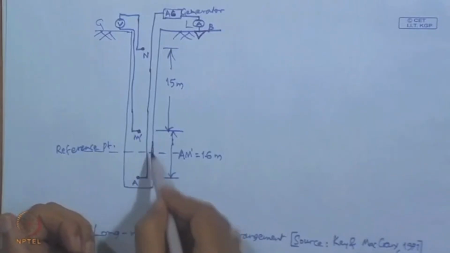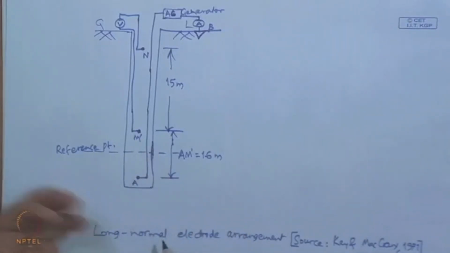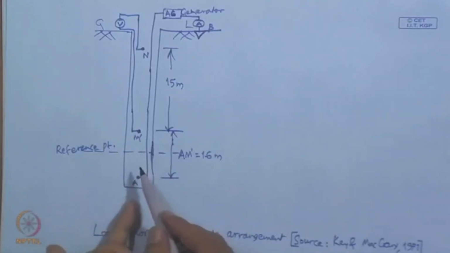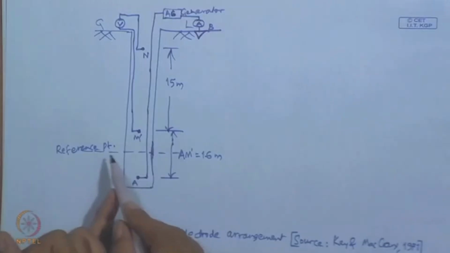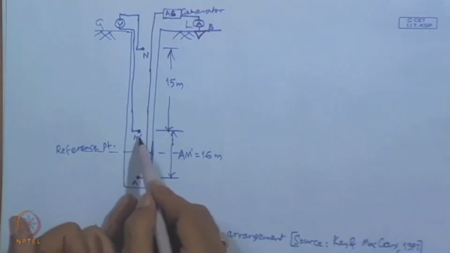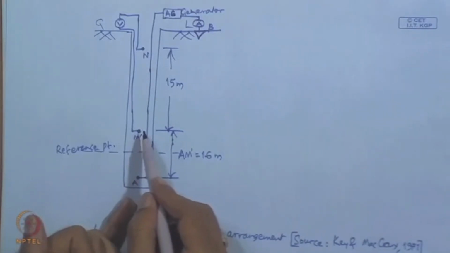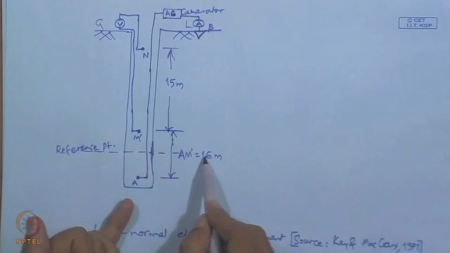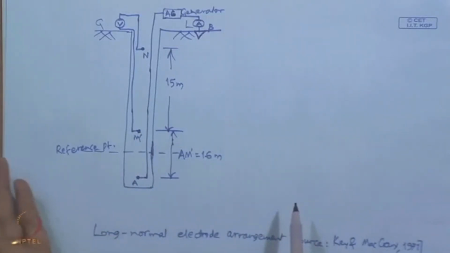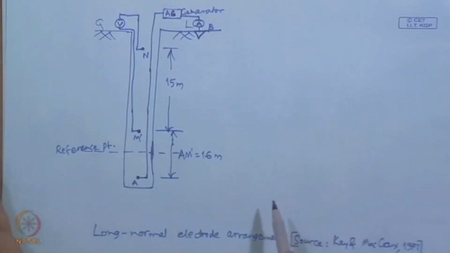The only difference between this and the short normal electrode arrangement is the distance between the grounded current electrode, which is below the reference point, and the ungrounded potential electrode, which is above the reference point at the same distance. This distance is much higher, of the order of 1.6 meters, while in the previous case it was just 0.4 meters.